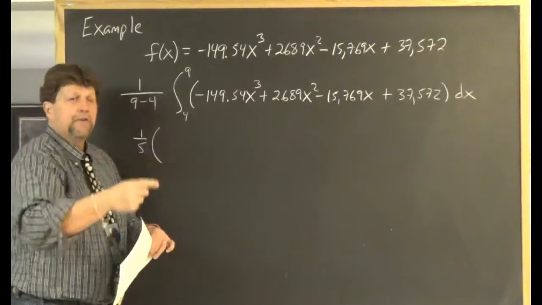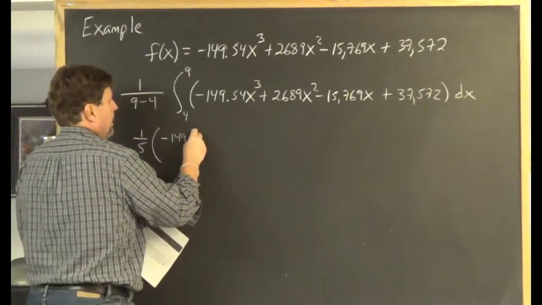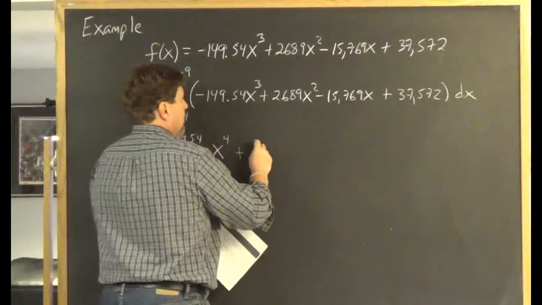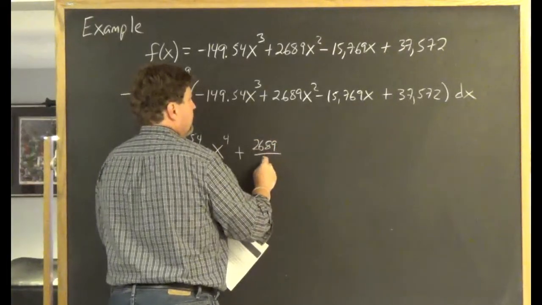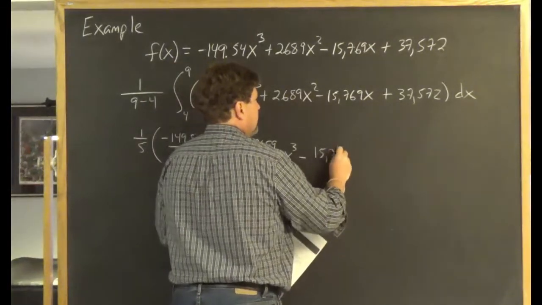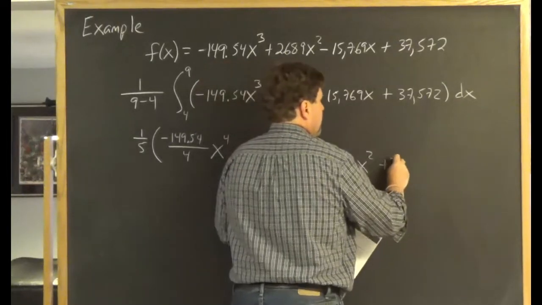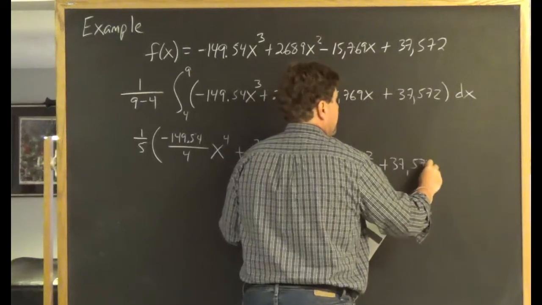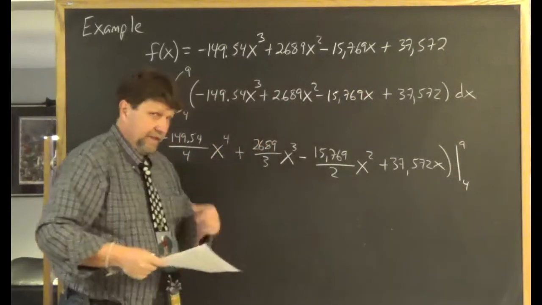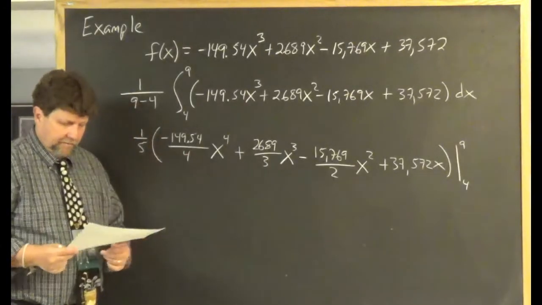I'm going to do the term-by-term integration, so I'd have a negative 149.54 over 4, x to the 4th, plus 2689 over 3, x cubed, minus 15,769 over 2, x squared, plus 37,572x. We need to evaluate that from 4 to 9, so we need to crank that through the fundamental theorem of calculus. There's a lot of computation for you to do here.